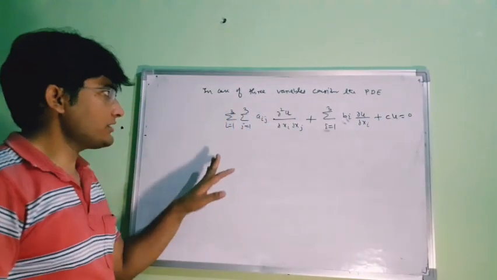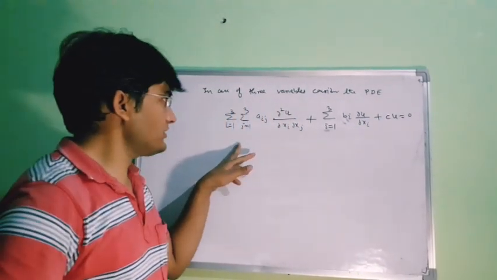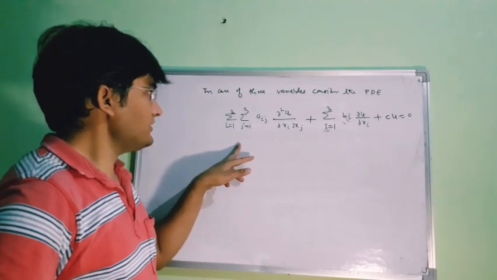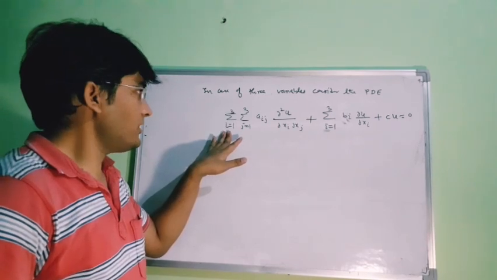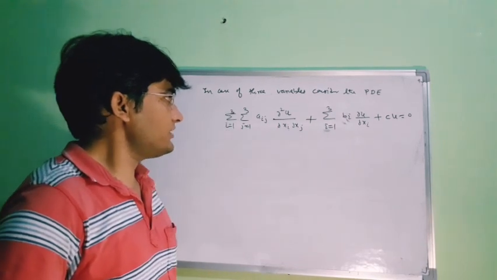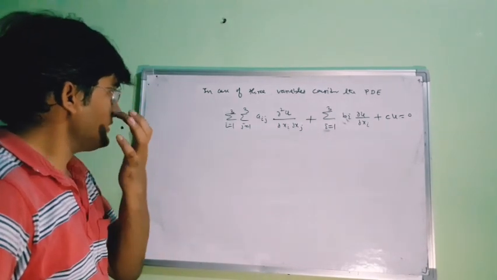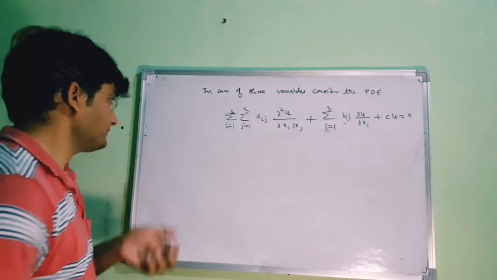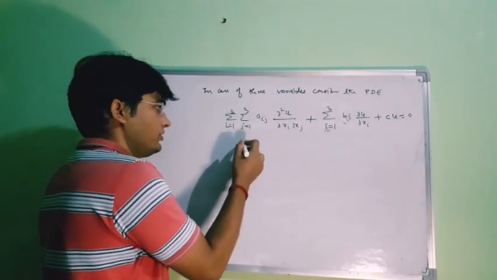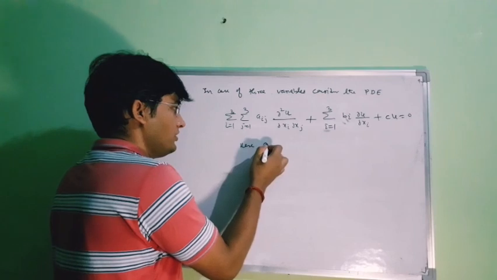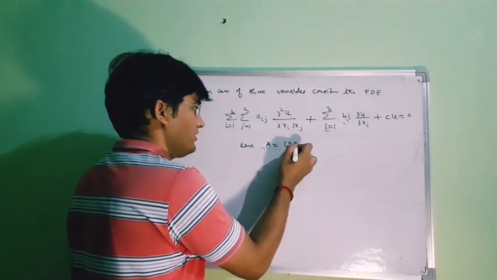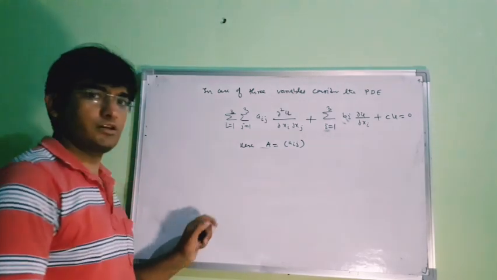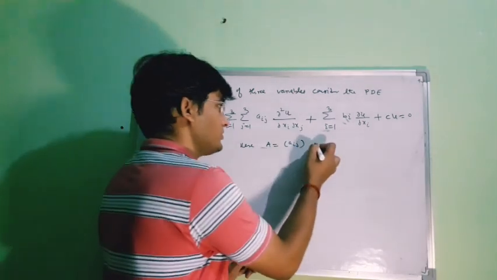Now if this is your partial differential equation, here you can see that we have three variables, because we have the three values of i and j, so we will get three different variables. Now for this partial differential equation, the matrix Aij, where i is from 1 to 3 and j is from 1 to 3, is real and symmetric.